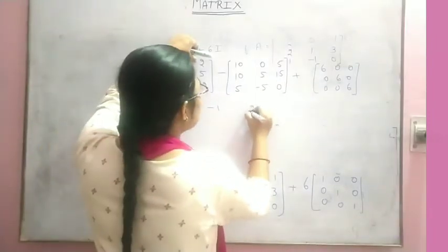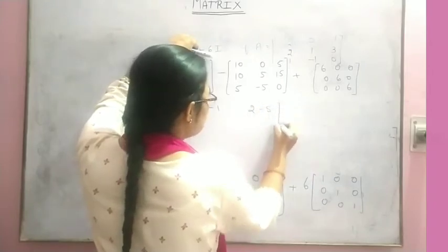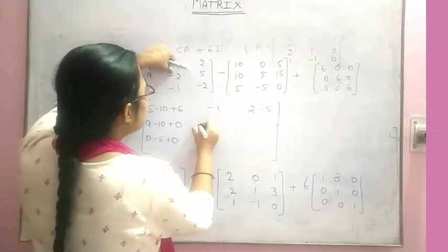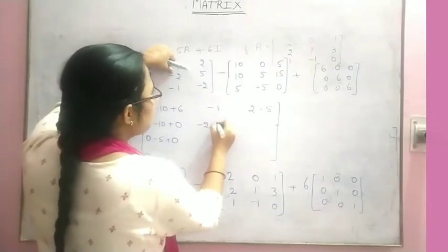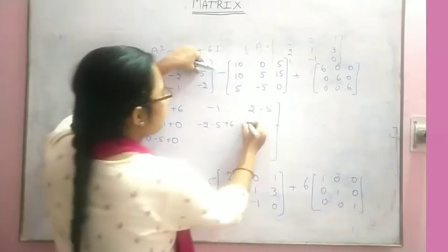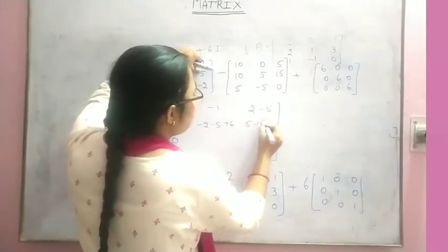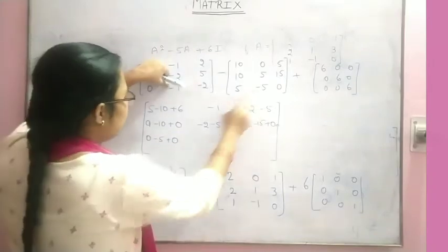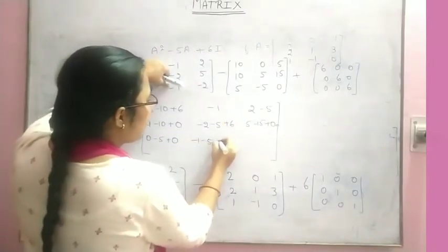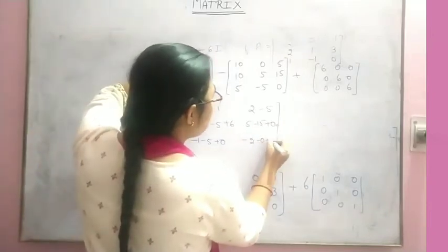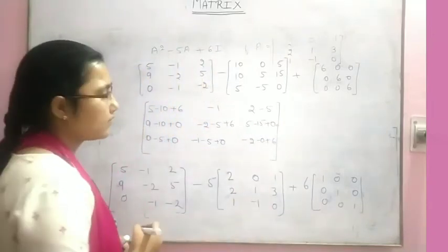Third one is 2 minus 5 and 0. Minus 2 minus 5 and positive 6. 5 minus 15 and positive 0. Next one, minus 1 minus 5 plus 0, minus 2 minus 0 or positive 6.